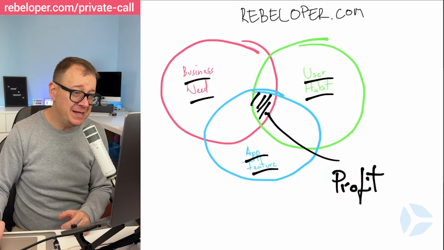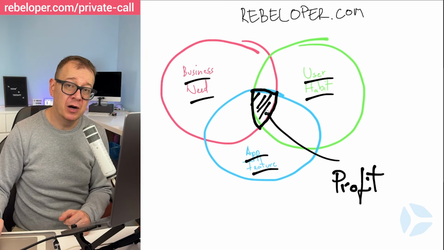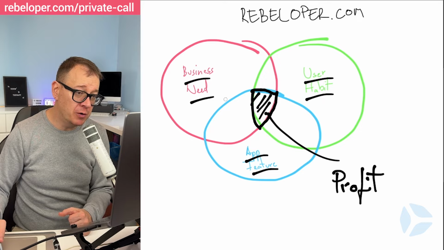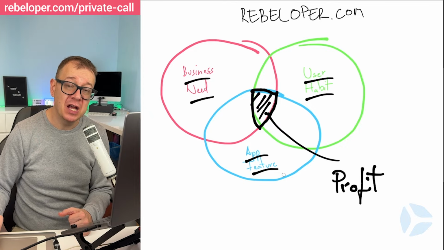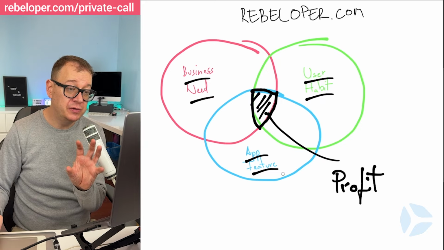And the idea is that you need to land over here. This is where you are going to have a successful app on the App Store. Going for your business need, leveraging a user habit, and making sure that the app features are going to solve all of these.